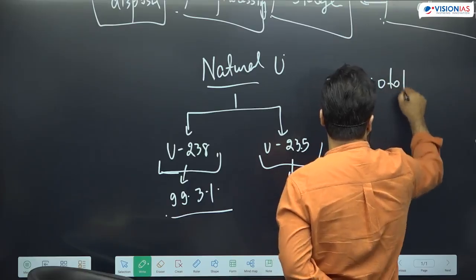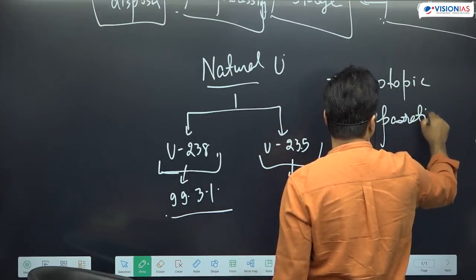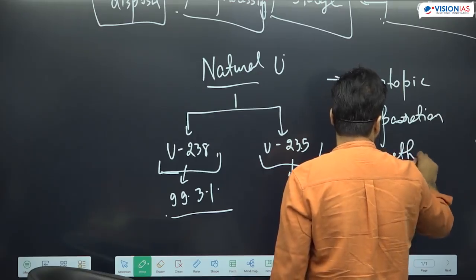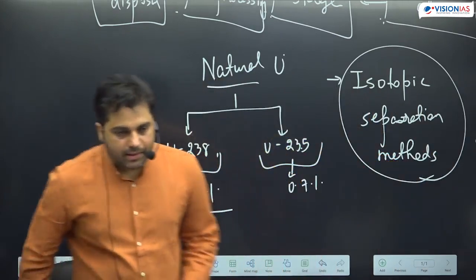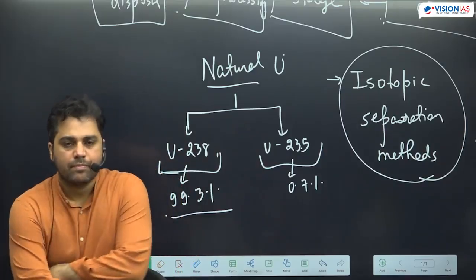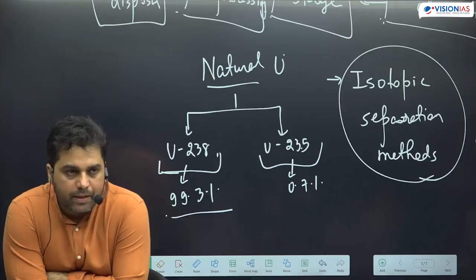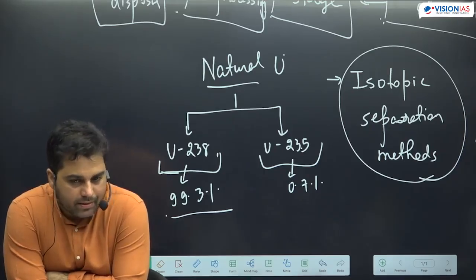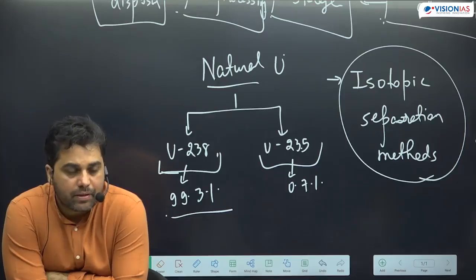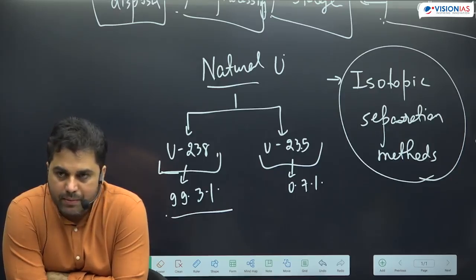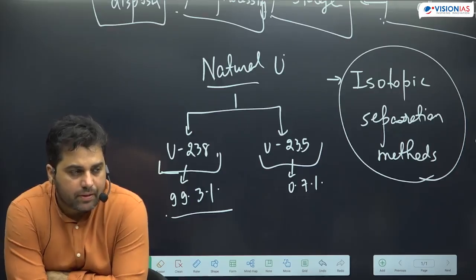Now you can write one line: for an atomic bomb, the enrichment percentage should be in the range of 90%.